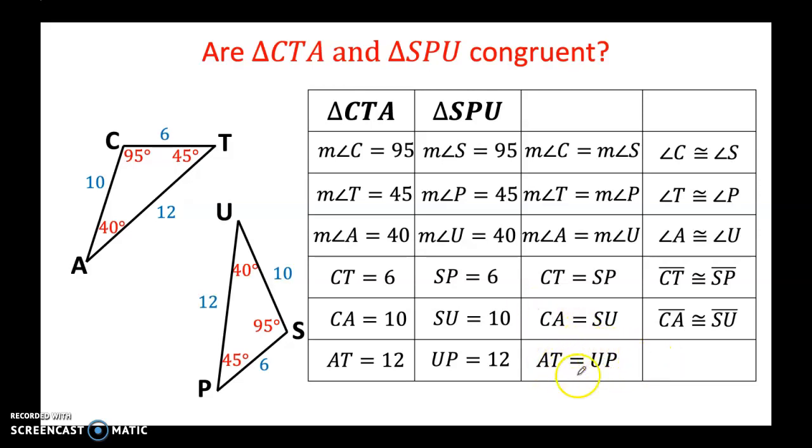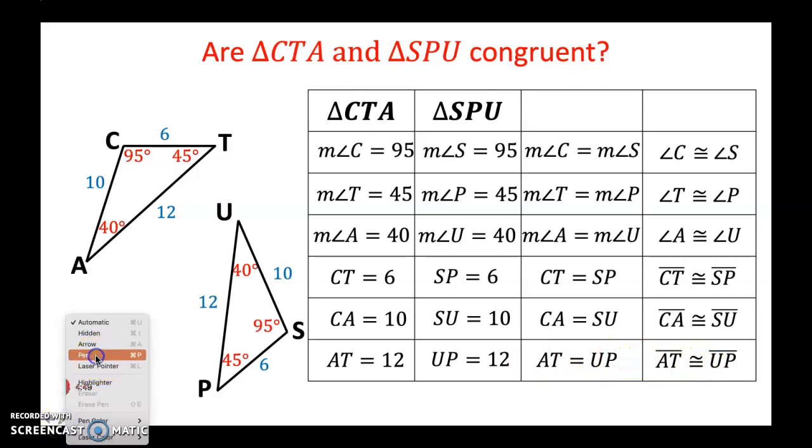And since they are equal, we can say that segment AT is congruent to segment UP by the definition of congruent segments. The definition of congruent segments states that if two segments are equal, therefore they are congruent.